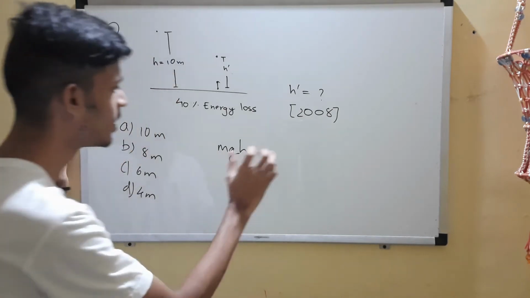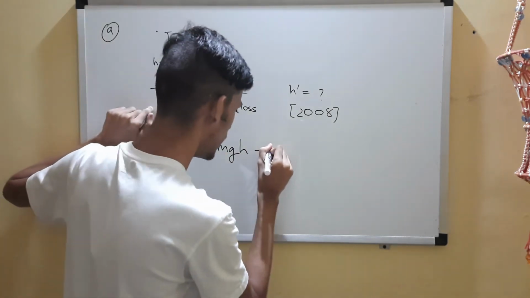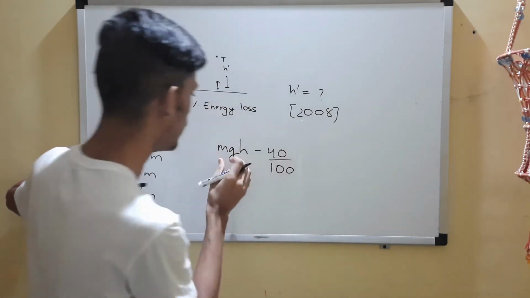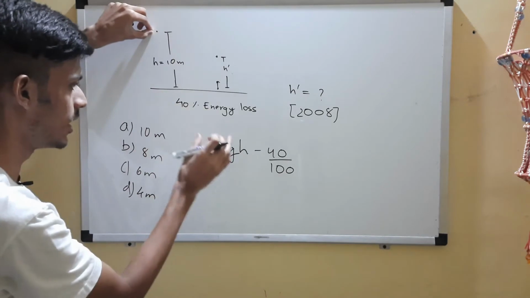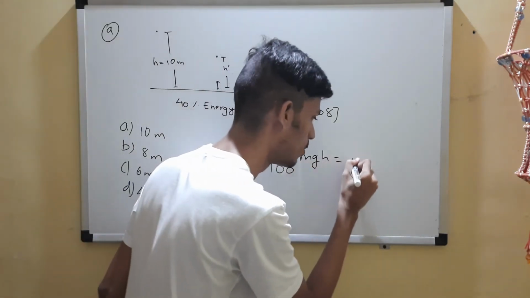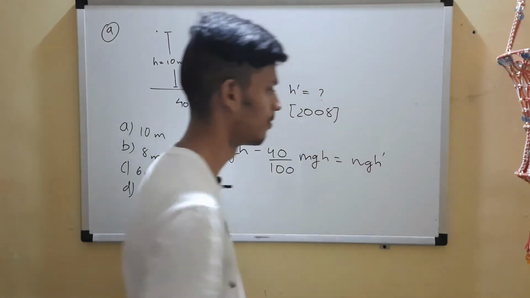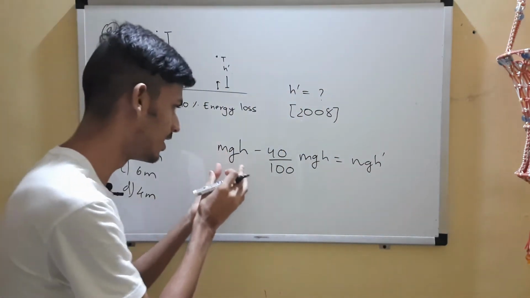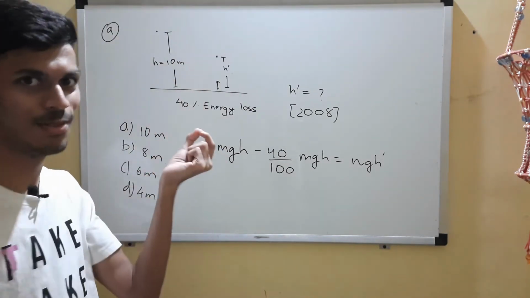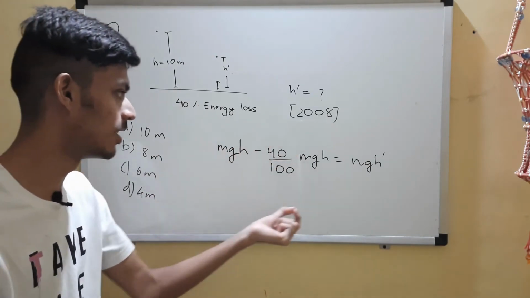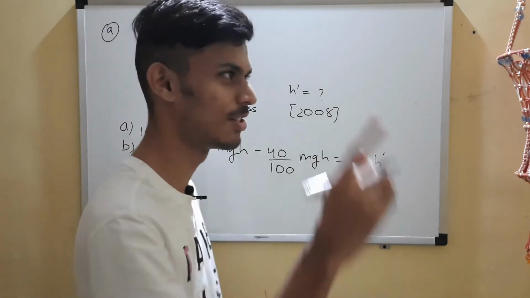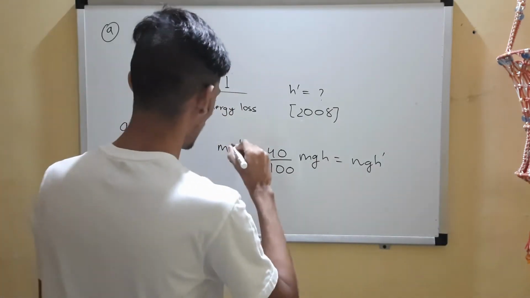So mgh minus, I'm deducting this 40%. 40% will be 40 by 100, right? mgh, the initial energy, minus 40% of the initial energy equal to mgh dash. Is this correct? Initial energy minus 40% of the initial energy will be equal to the energy at this point, right? We accounted for the energy which is lost. So this is correct. Conservation of energy works. Conservation of mechanical energy won't work, unfortunately.